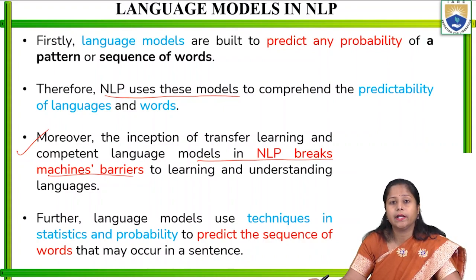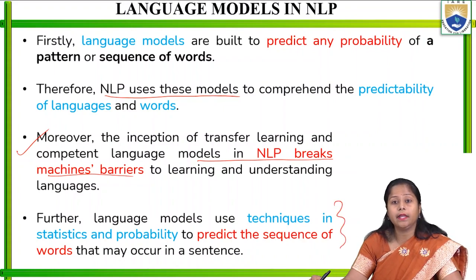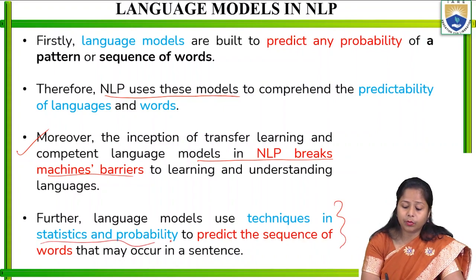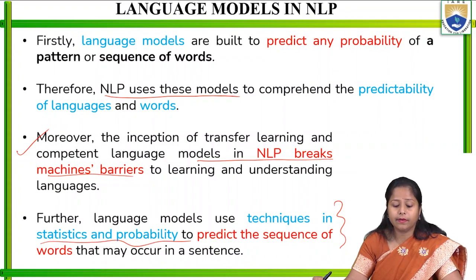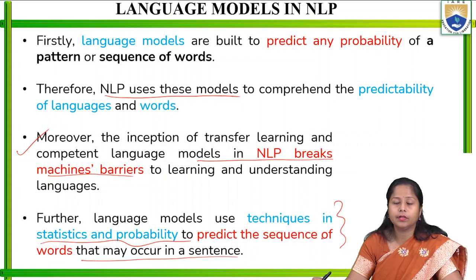That is also called prediction. Further, language models use techniques in statistics and probability to predict the sequence of words that may occur in a sentence. That is the interpretation of a language model in simple terms in natural language processing.